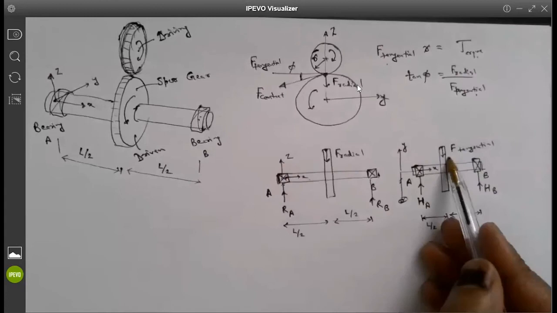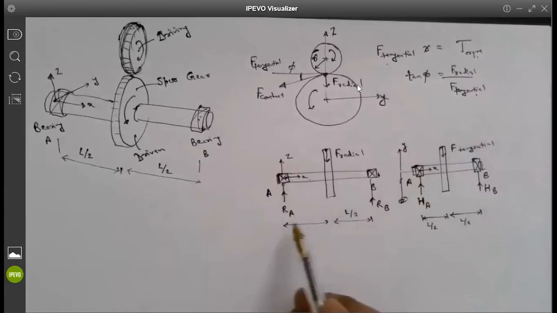Once you know the radial and tangential force, you can find the reactions because you know the distance from the support. So you actually know how to solve for the reaction forces.